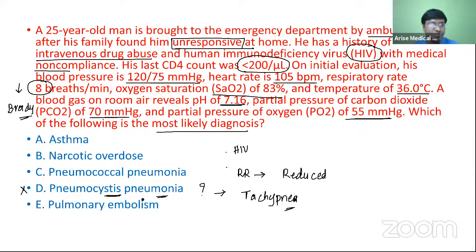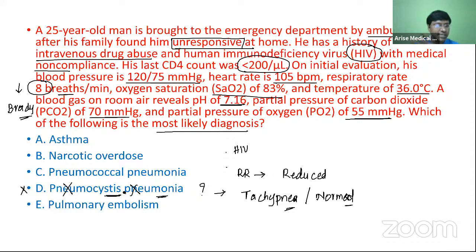Either there should be tachypnea or, in early stages, very good Avinash, it can be a normal respiratory rate. But bradypnea will not be there in case of pneumocystis pneumonia. That is the reason why pneumocystis pneumonia is ruled out.